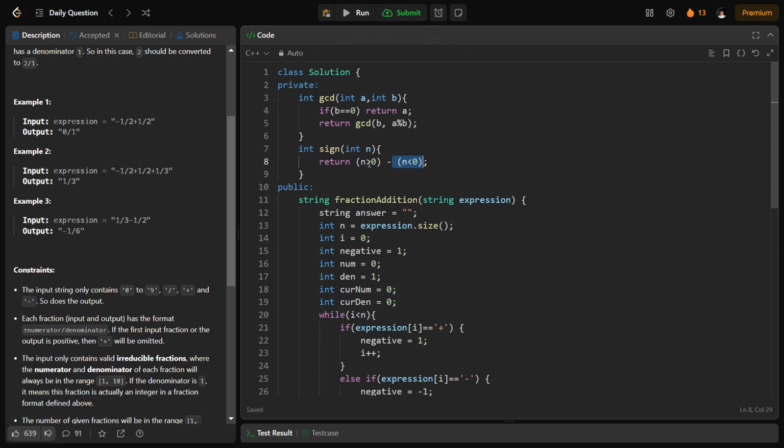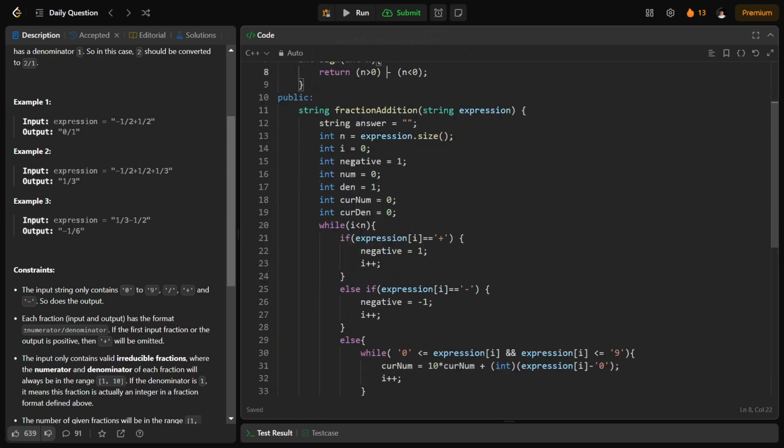So if n is positive, we get the value as 1. Let's say n is negative, so n is less than 0. That means this value is 1, and times minus, so minus 1, and this value would be 0. So 0 minus 1 is minus 1. So if n is negative, this would return minus 1, and if n is 0, both of them are false. So the final answer would be 0. The sign would be 0.